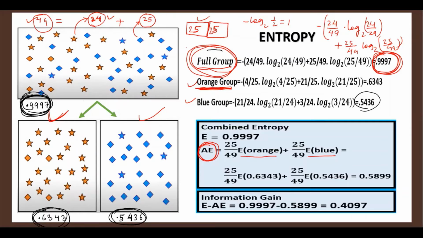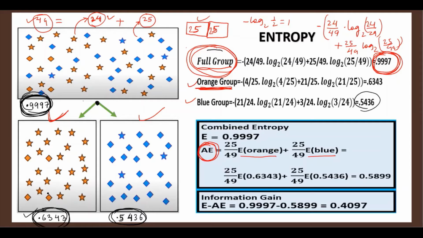Now here 0.6343, here 0.5436. So individually, when you divide it into two groups, the entropy, the randomness decreased, and it's obvious. If you have done it properly, then things will decrease for sure, because things were mixed up and separated using some feature. That's why the randomness decreased.